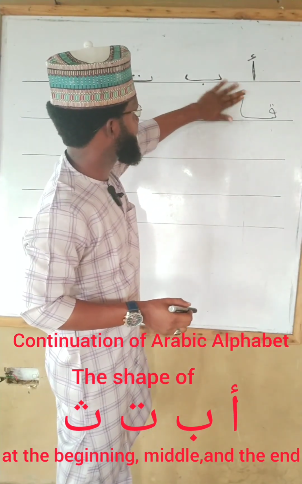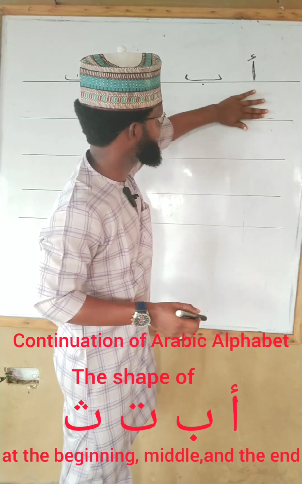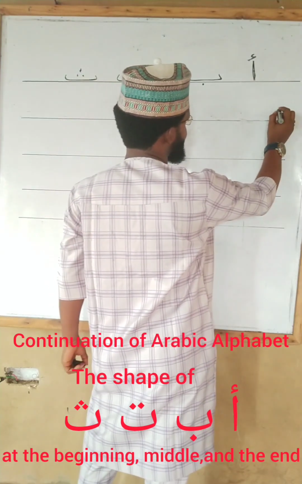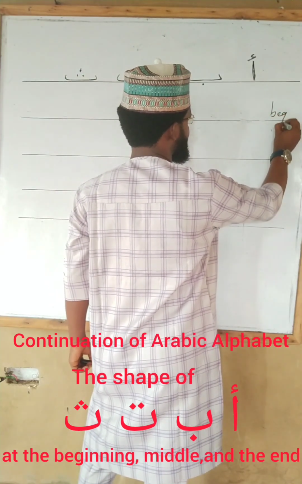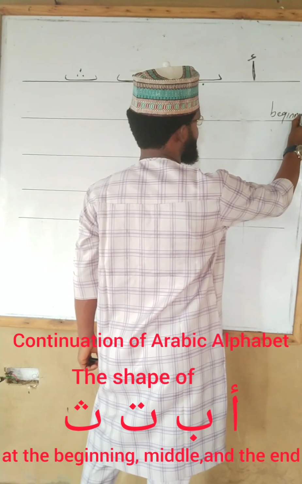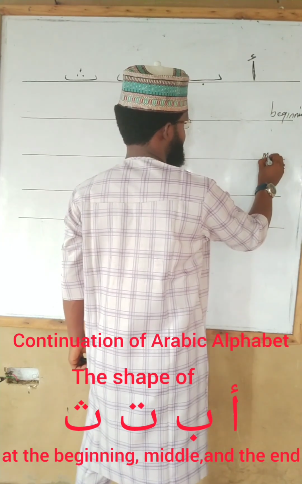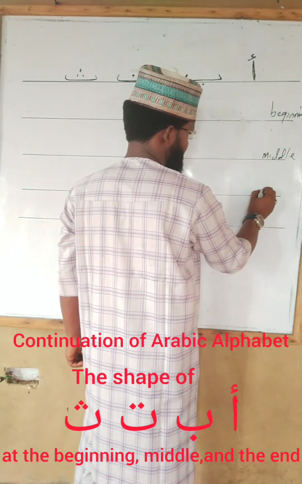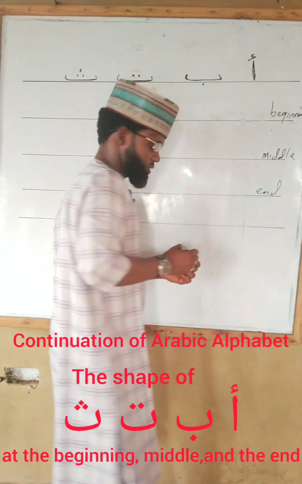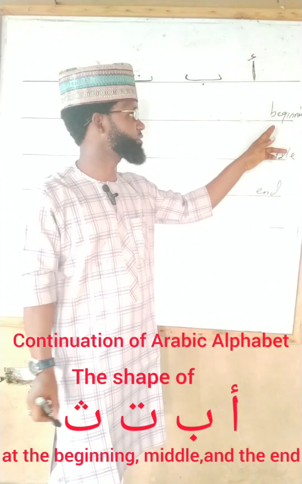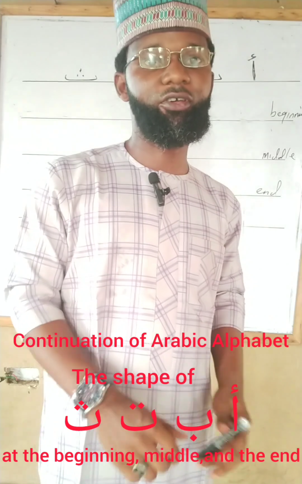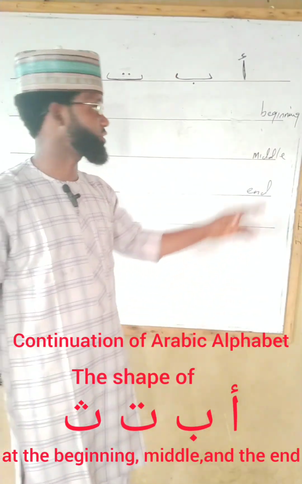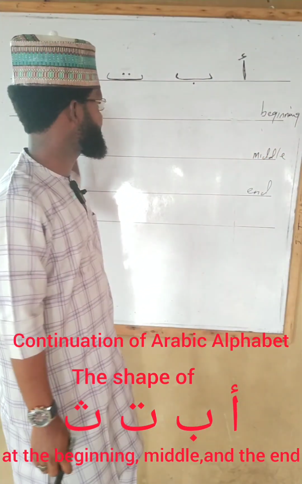So this line: beginning, middle, end. The reason why we write them like this is: beginning, the beginning of a word, the way you are going to write them.